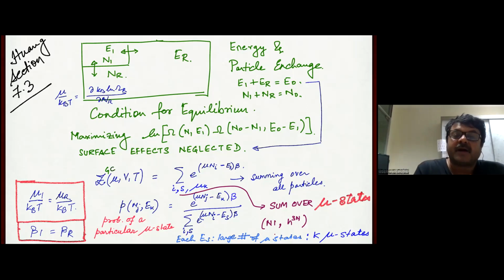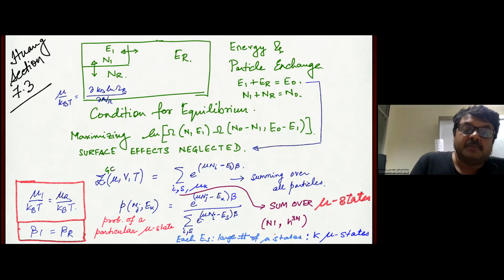But practically, how many particles will there be? I'm not saying that all microstates are equally probable. The partition function is a sum over all microstates, but what is the probability of accessing a particular microstate?